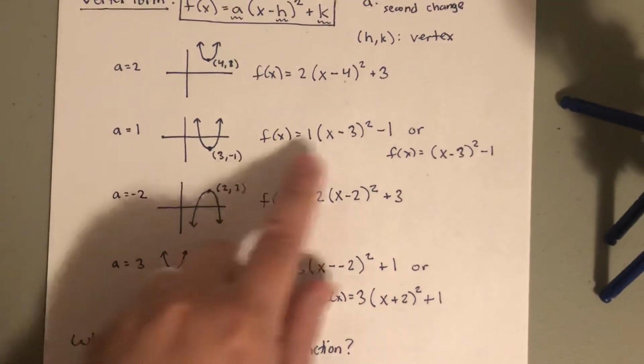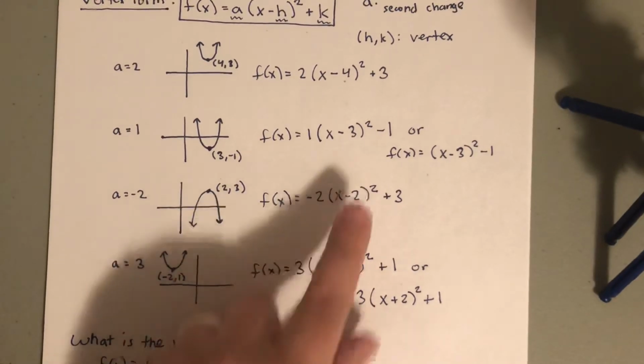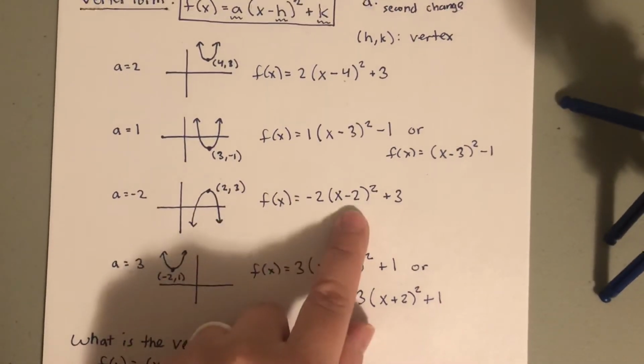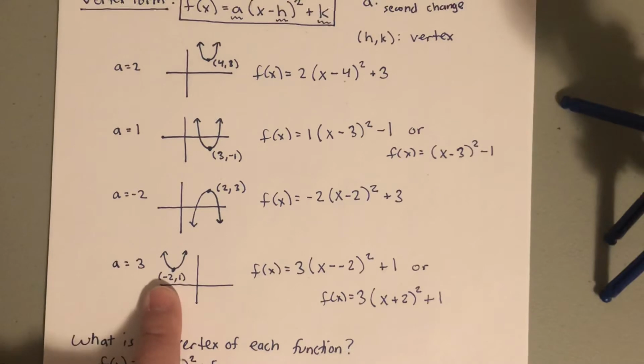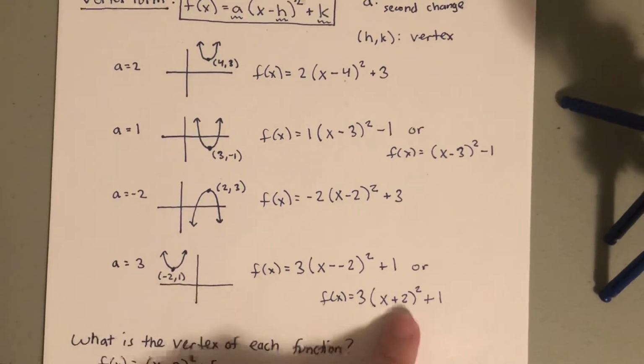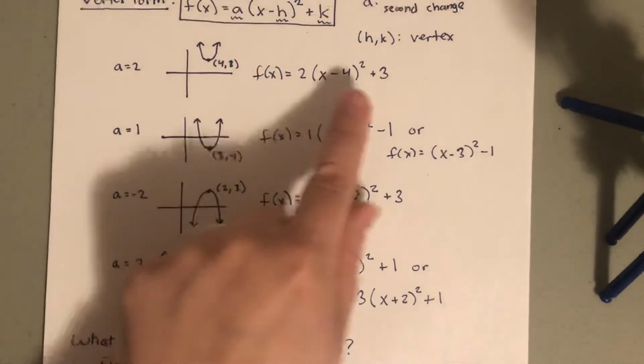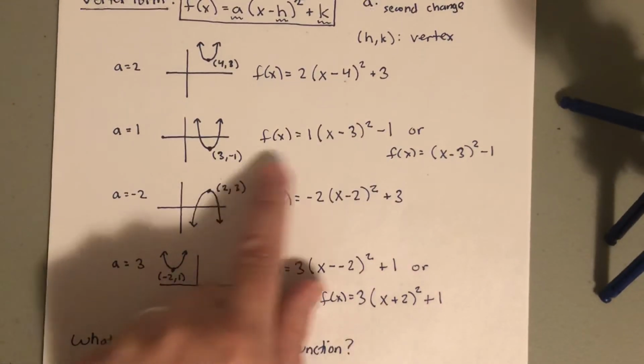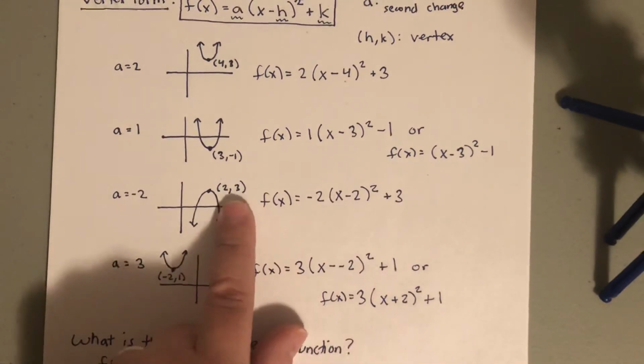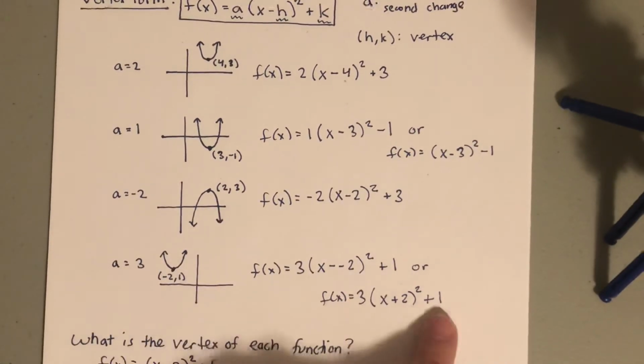Here, it's a 3. Over here, we see minus 3. Here, it's a 2, minus 2. Here, it's a negative 2. So in our final equation, it's a plus 2. The x-coordinate ends up looking like the opposite of what the x-coordinate of the vertex actually is. The y-coordinate just stays the same, positive 3, negative 1, 3, 3, 1, 1.